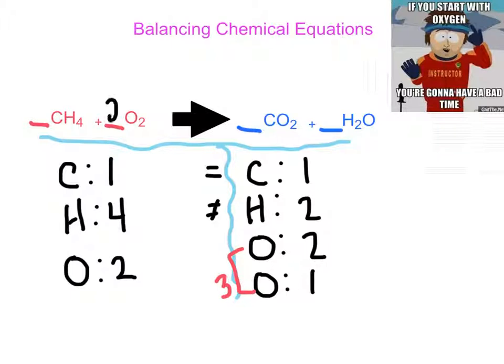Originally, the first O2 looks like this: there's 2 O's that are attached or bonded together. That's what makes it a molecule. By putting a 2 in front of it, now all of a sudden I have 2 of them. So when we put a coefficient in front of it, we are actually multiplying the molecule. This would give me 4 instead.